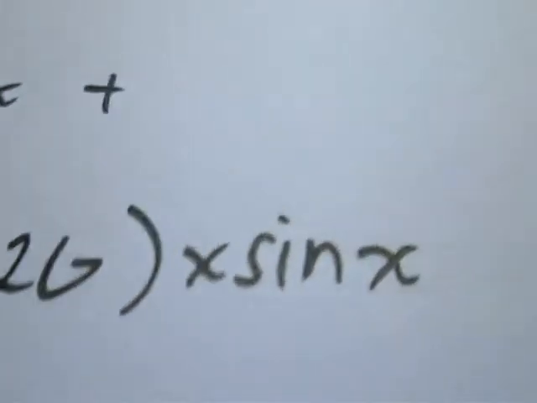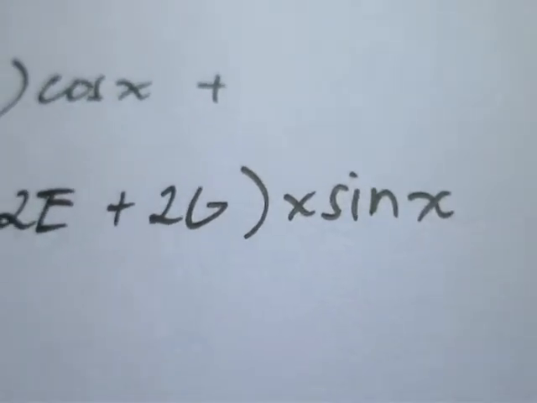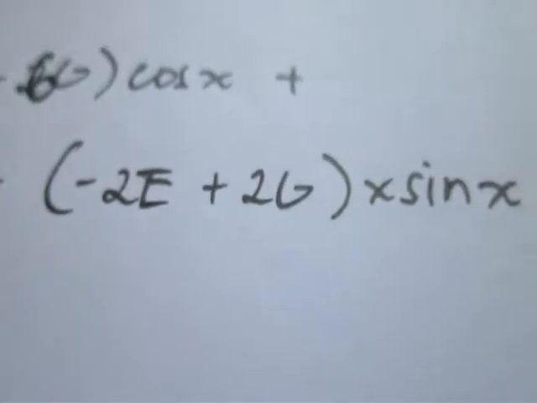And the last term, which is negative 2e plus 2g x sine x, we have no term which contains x sine x, so we have negative 2e plus 2g is equal to 0.